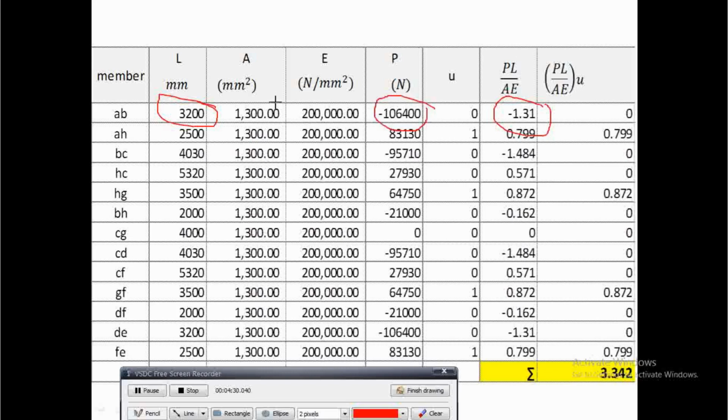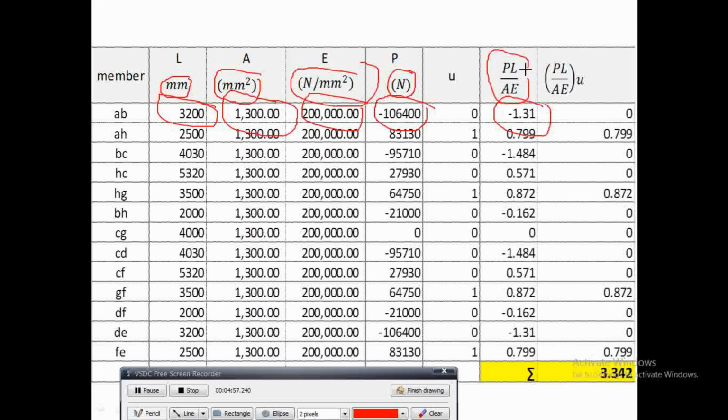Divide it by the product of 1,300 and 200,000. Again, be consistent with your units. My unit for P is N. My unit for L is millimeters. The unit for my sectional area is millimeter squared. And the unit of my section modulus is Newton per millimeter squared. You have to be consistent with your units para hindi tayo magka-problema.